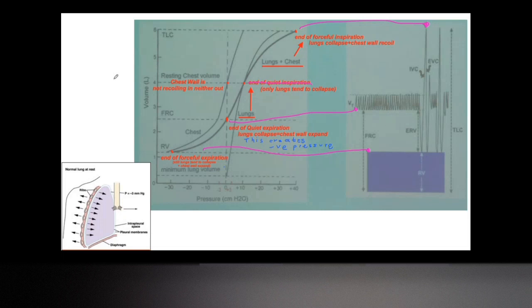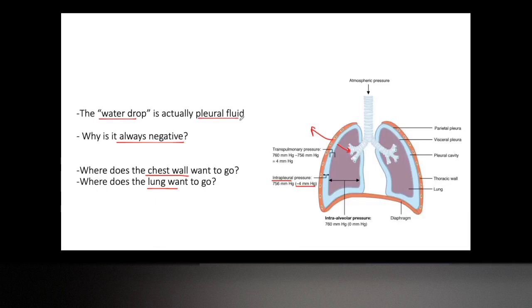Do you know where, in the previous slide, the 756 millimeters came from? This is the absolute pressure. However, when we talk about the lungs, we say relative pressure. So you have absolute pressure if you actually measure the pressure, and the relative pressure.